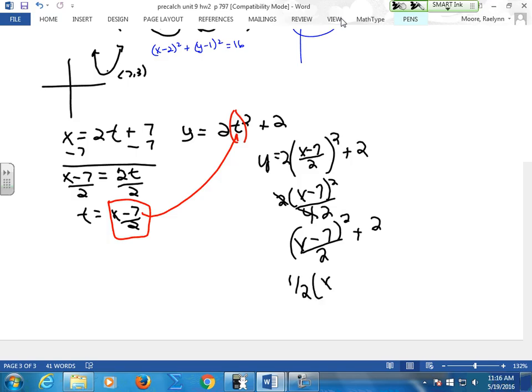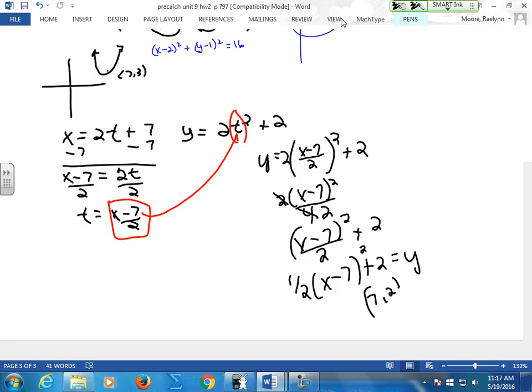So it's going to be this. Isn't this my vertex form of my parabola? What's my vertex? 7, 2. Where am I opening? I'm opening up. Isn't that my 1/2, my transformation, like my dilation part of it? It says stretch it out a little bit. So it's a little bit wider than it normally would be. So this is your vertex form.